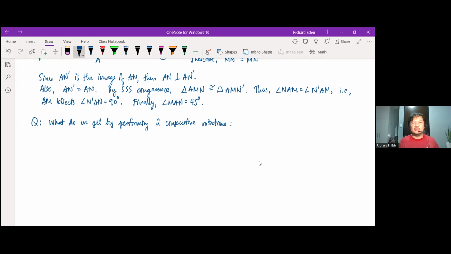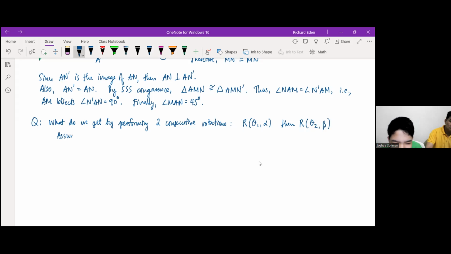Let me use the following notation: R with center O1 and angle alpha, and R with center O2 and angle beta. So around two different centers.